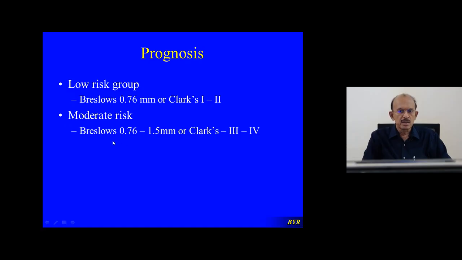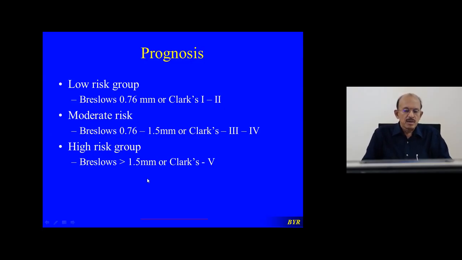Moderate risk means Breslow's thickness 0.76 to 1.5 millimeters, or Clark's level 3 and level 4. High risk group means Breslow's thickness more than 1.5 millimeters, or Clark's level 5. Breslow's thickness is one of the frequently given short notes questions in the theory examination.